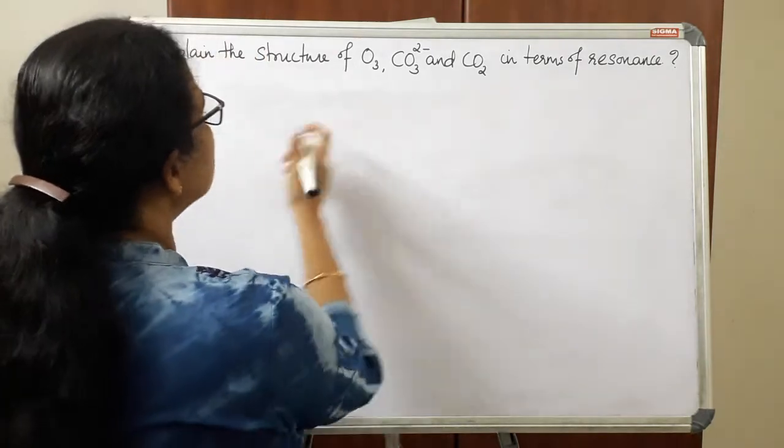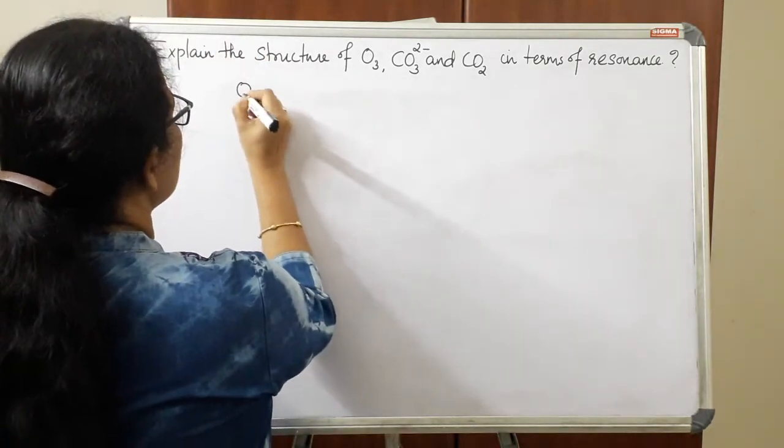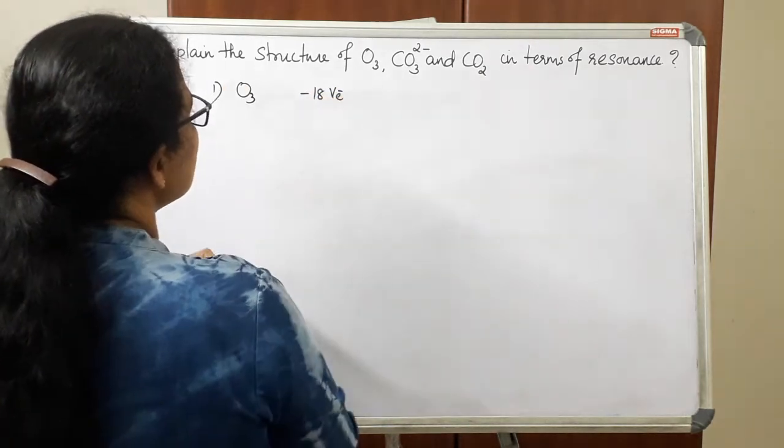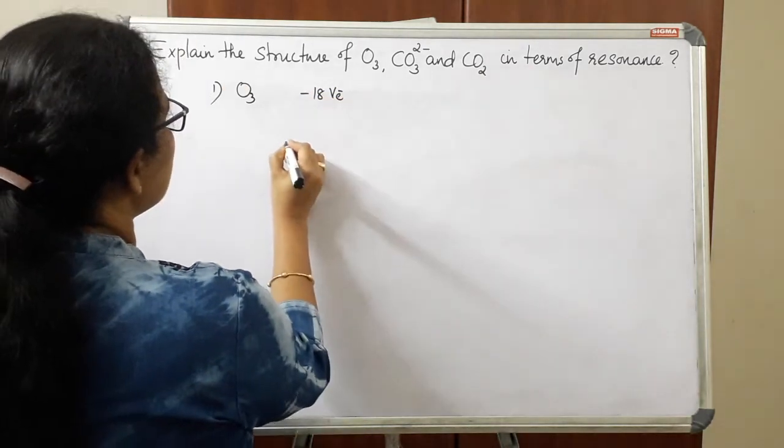In the case of O3, we know how to draw the Lewis structure. There are 18 valence electrons, so we can draw the Lewis structure like this.